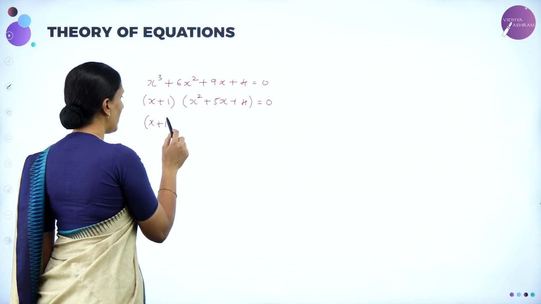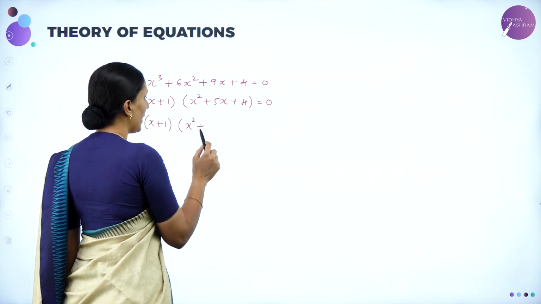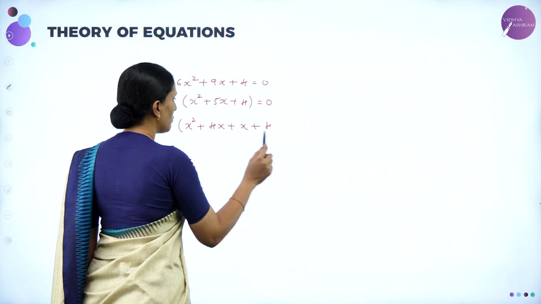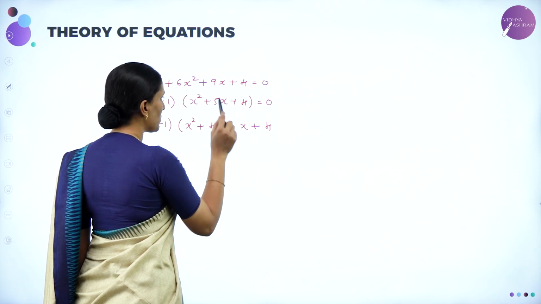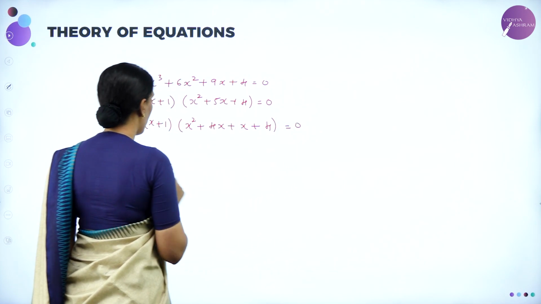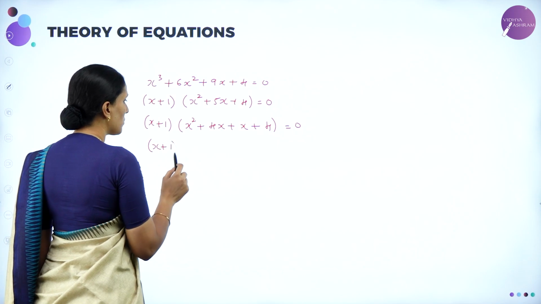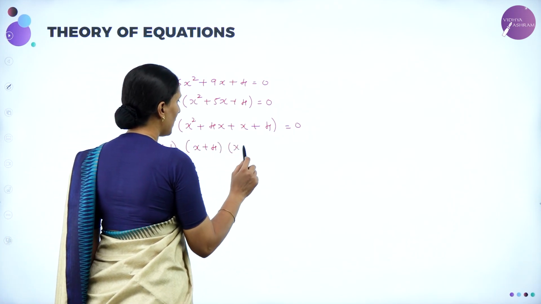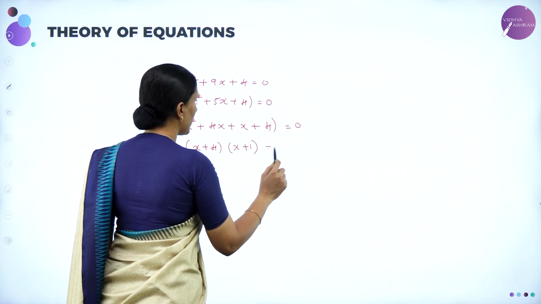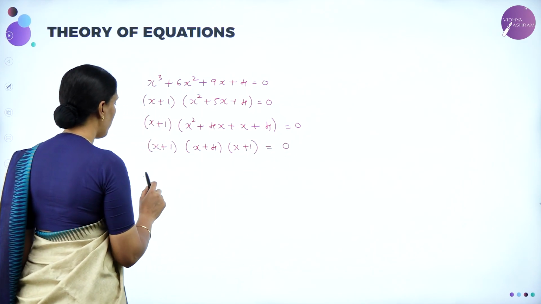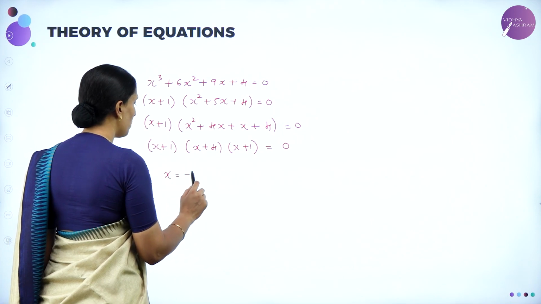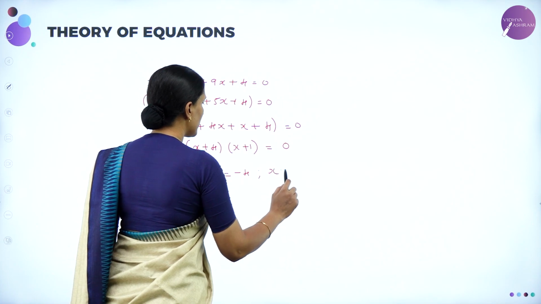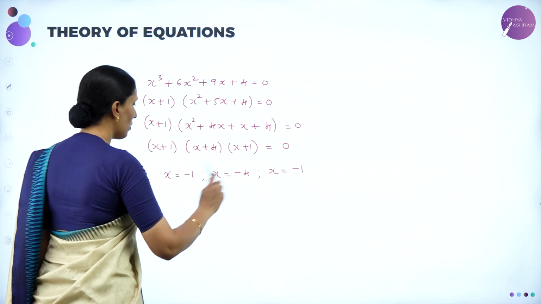I can write 5x as 4x plus x, since 4 ones are 4 and 4 plus 1 is 5. Now if we resolve this, we will get x plus 4, x plus 1 is equal to 0. So therefore x is equal to minus 1, x is equal to minus 4, x is equal to minus 1. So there are two equal roots here.